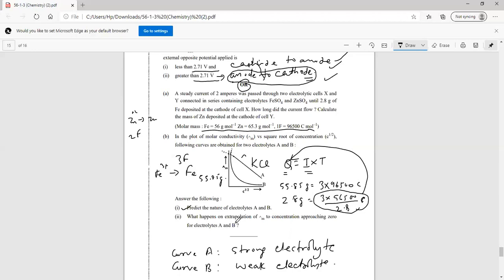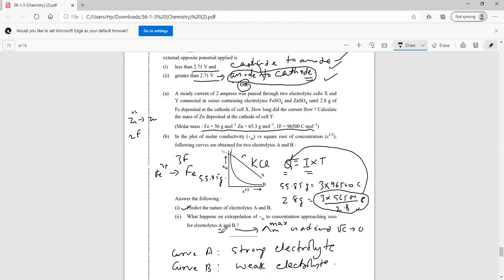All right. So for electrolyte B, there is a maximum value of molar conductivity which is achieved at infinite dilution. All right. So a maximum lambda max of molar conductivity is achieved at concentration tending towards 0.